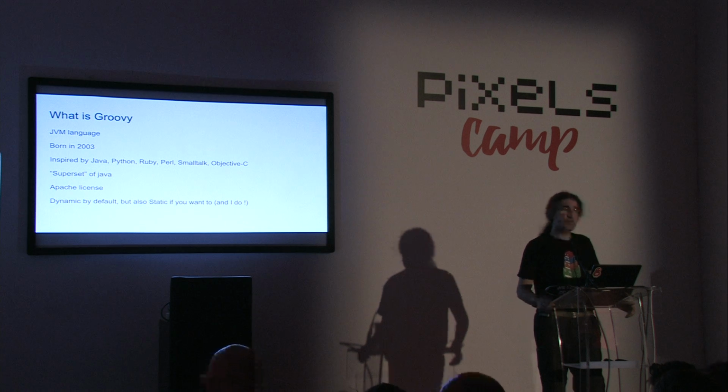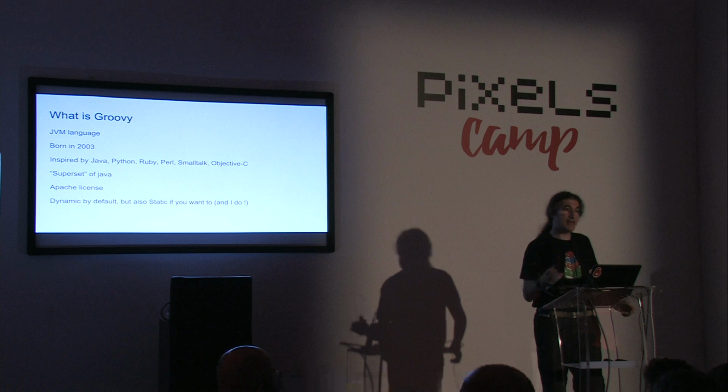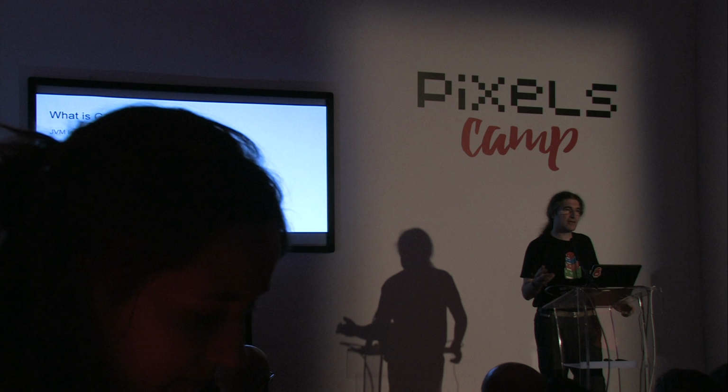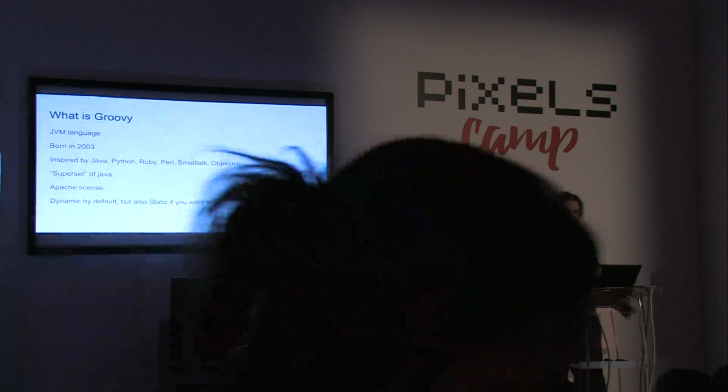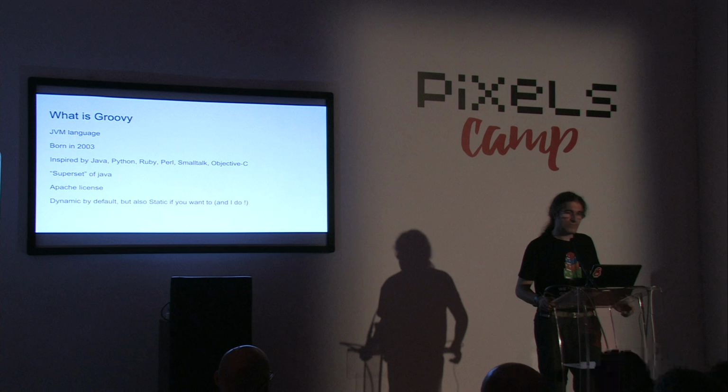It was built to be dynamic from the start, so a lot of things only get run at runtime. So you could, in theory, get errors at runtime that you could have solved at compile time. But a couple of years ago, static compilation was added.